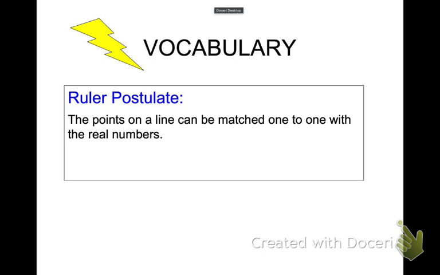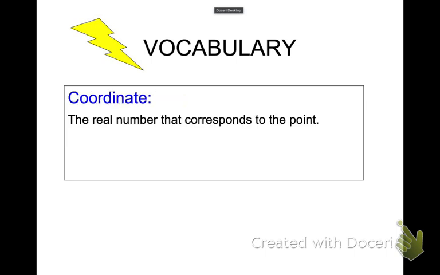That's like a number line. Your coordinate is the real number that corresponds to the point.